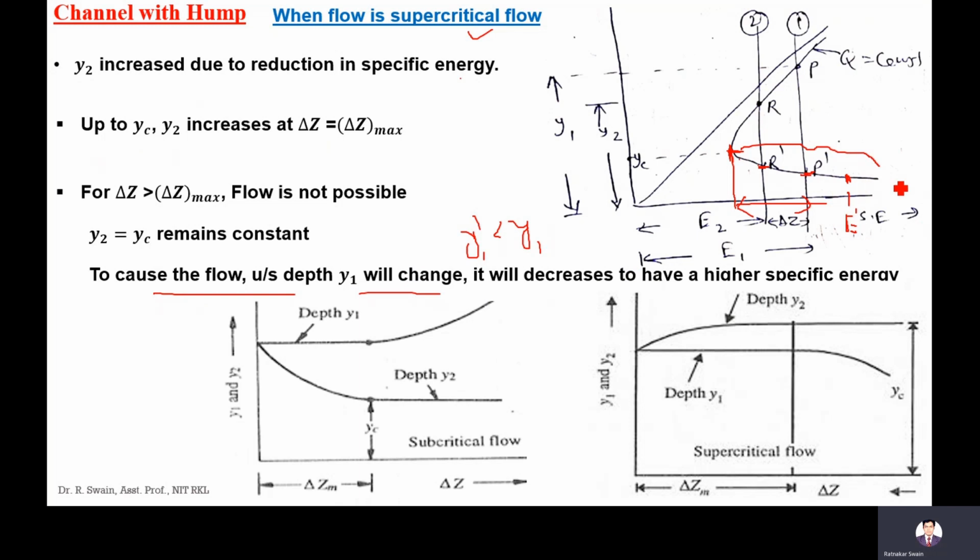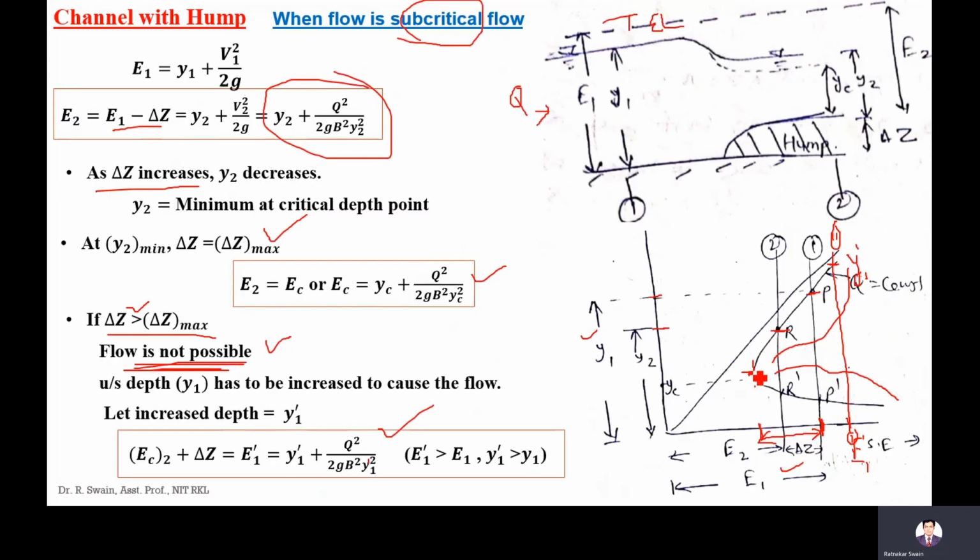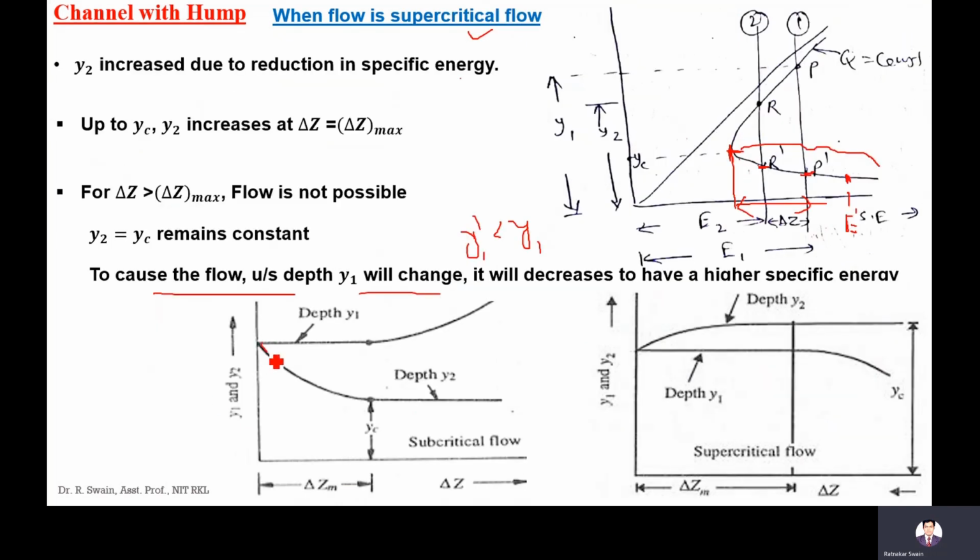Here, this is supercritical; if you plot this Y1 and Y2 with delta Z, in this portion Y2 decreases till it becomes Yc at critical flow. Y1 will remain same.